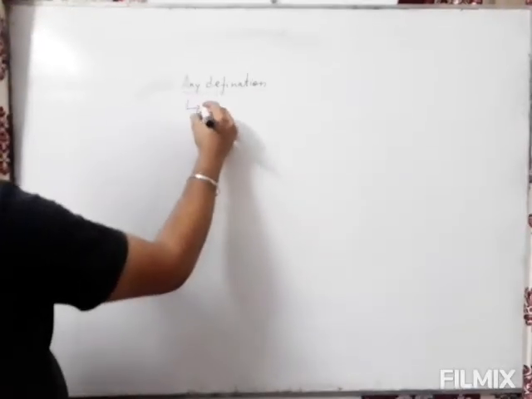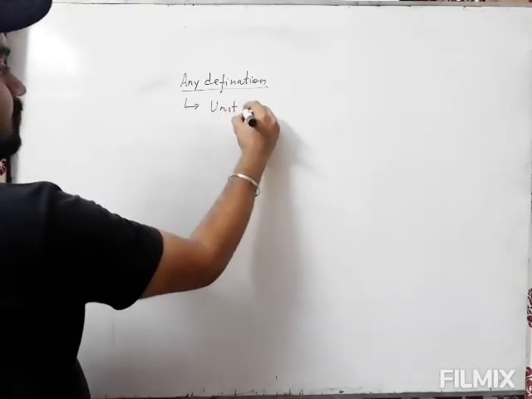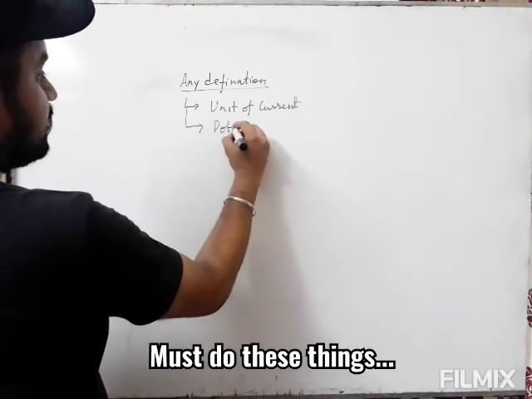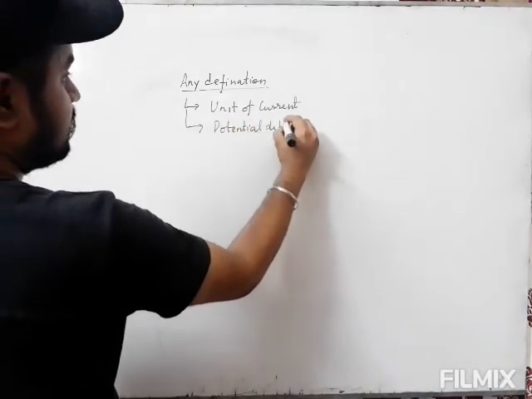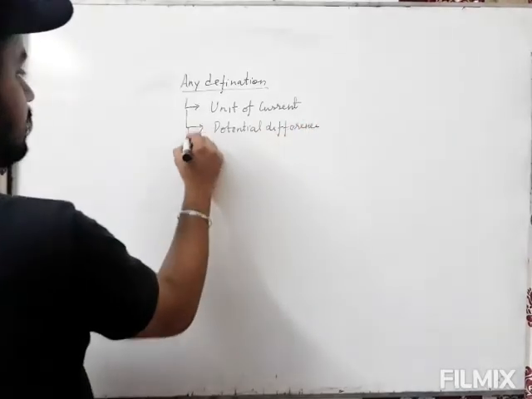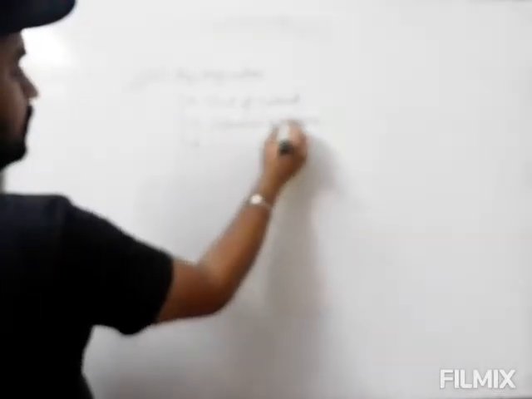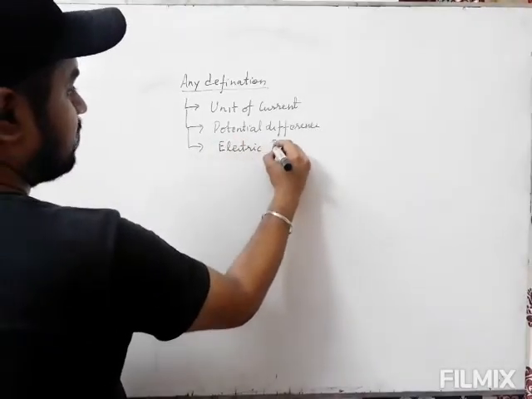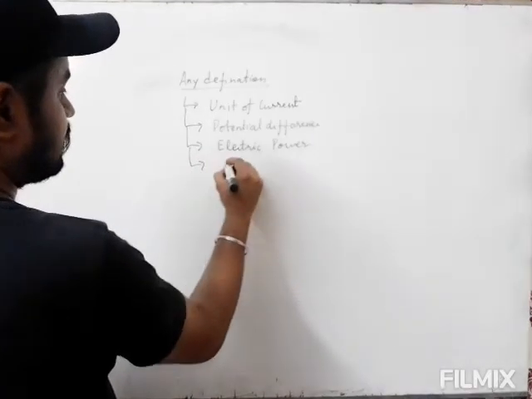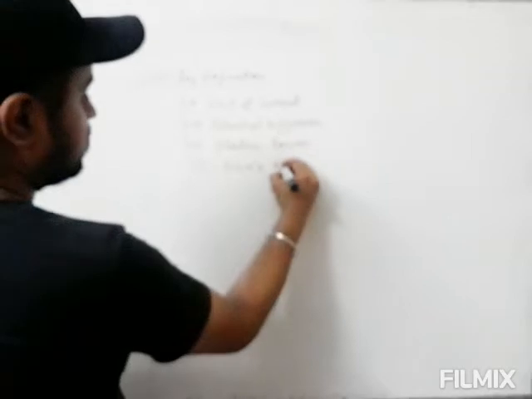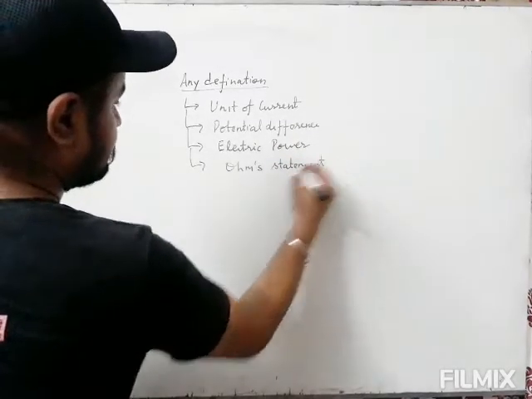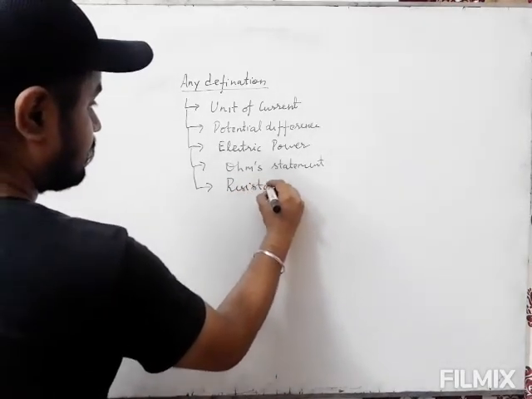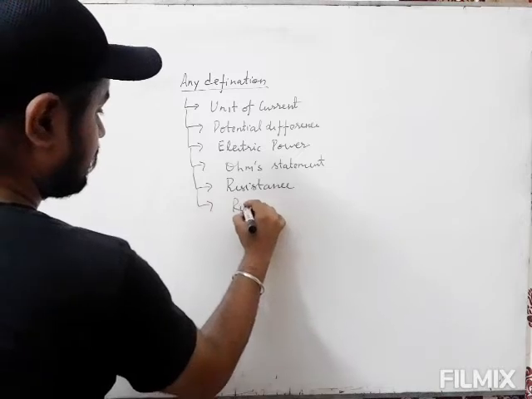Definitions comprise, first, the unit of current, potential difference, after that electric power, Ohm's law statement, resistance, resistivity.